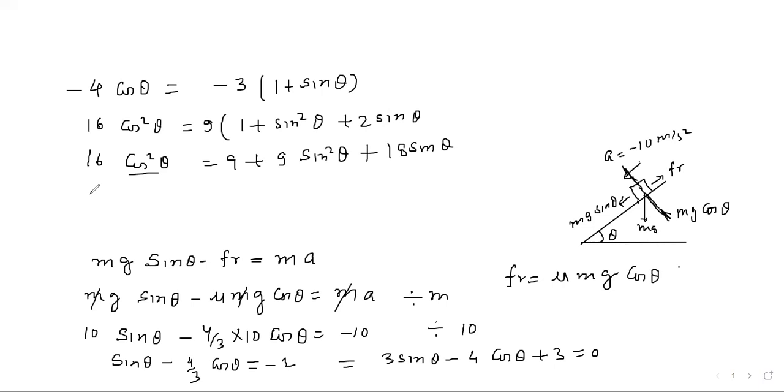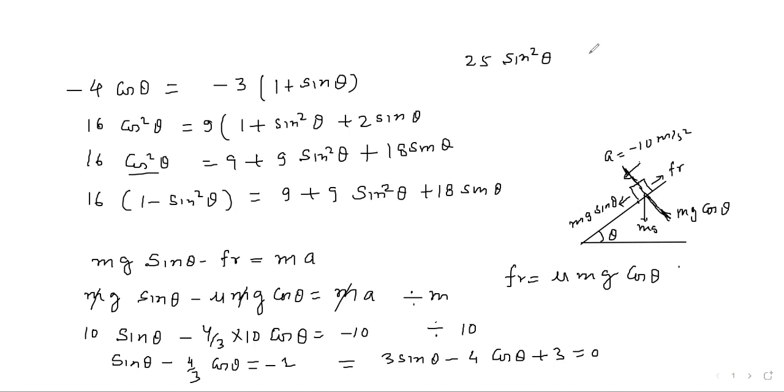Further, we convert it in terms of sine theta. 16 times 1 minus sine square theta equal to 9 plus 9 sine square theta plus 18 sine theta. So on simplification, because this is simple thing, on simplification, we will get 25 sine square theta plus 18 sine theta minus 7 equal to 0.